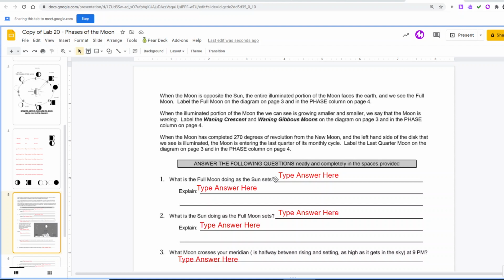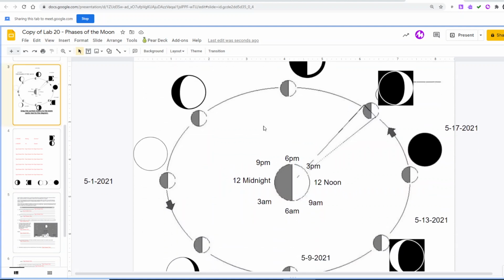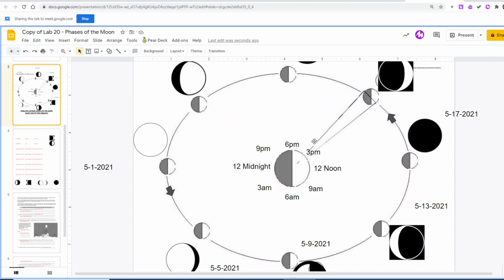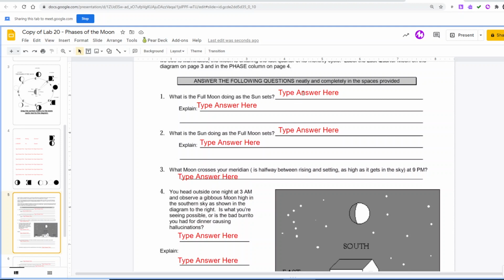What is the full moon doing as the sun sets? Well, the sun sets typically at what time? Sets at like 6 o'clock. So if you're at that 6 o'clock point, you could see the sun setting and you could see the moon doing what? Moon coming up, the moon rising. So in this case, how would you word that?